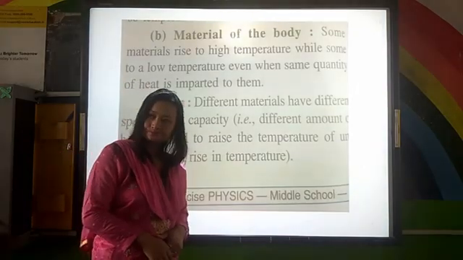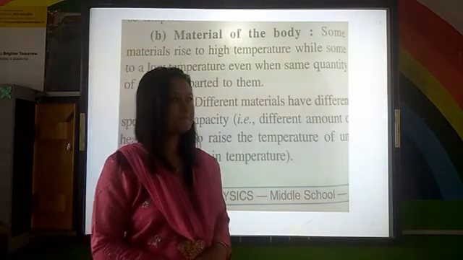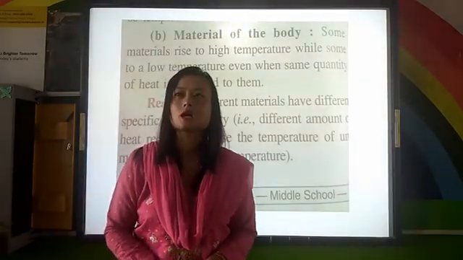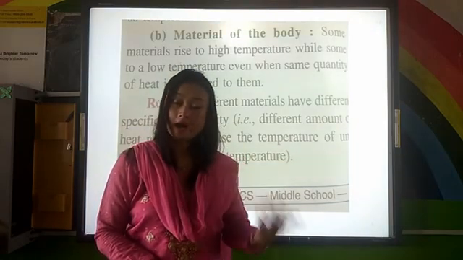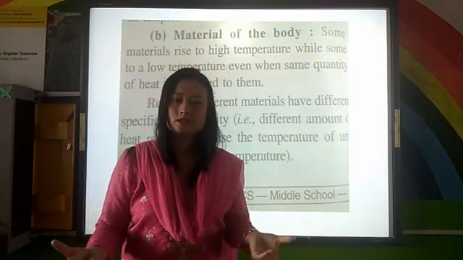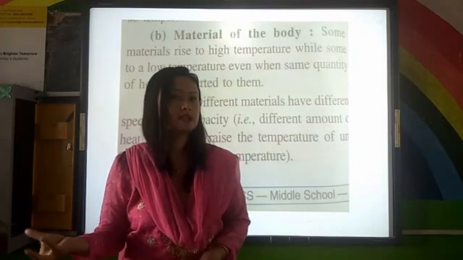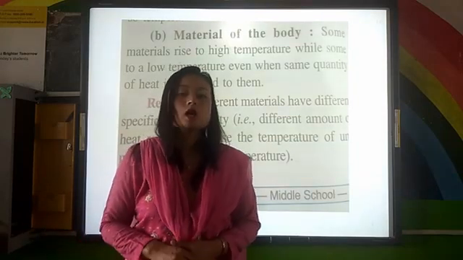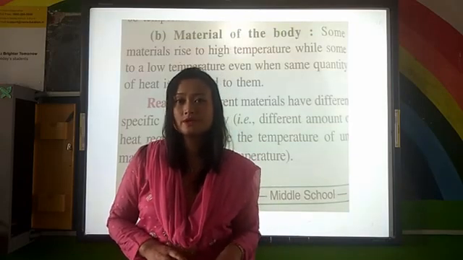Say you supply 10 calories of heat to ice and 10 calories of heat to a metal. Ice of course melts. You can't expect the metal to melt completely, isn't it? So what does it mean? It means it depends upon the material of the substance.